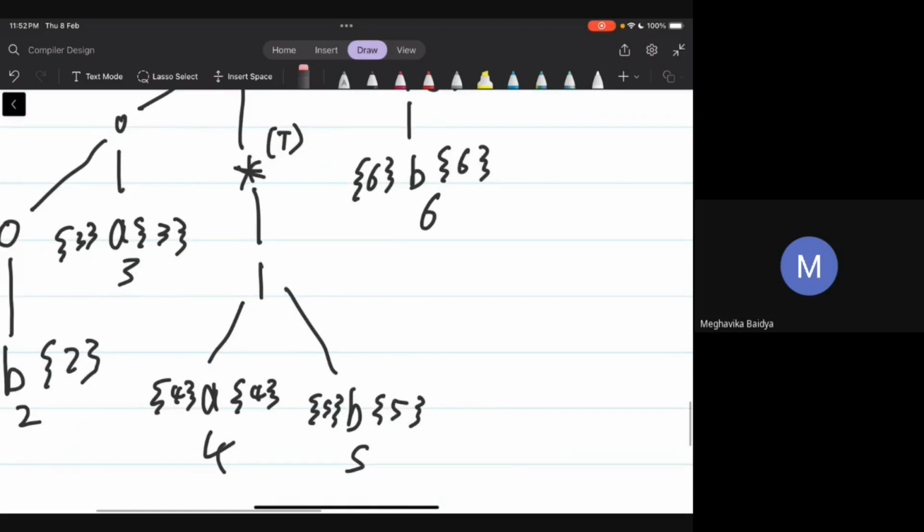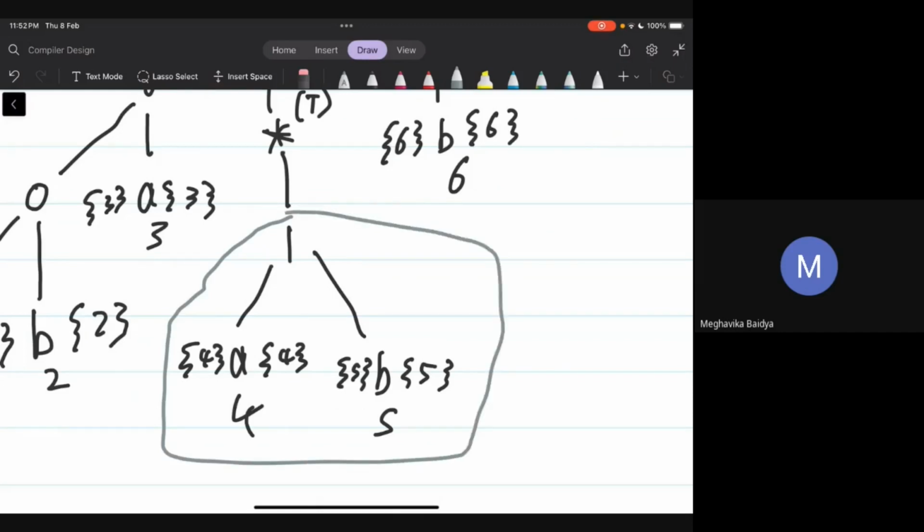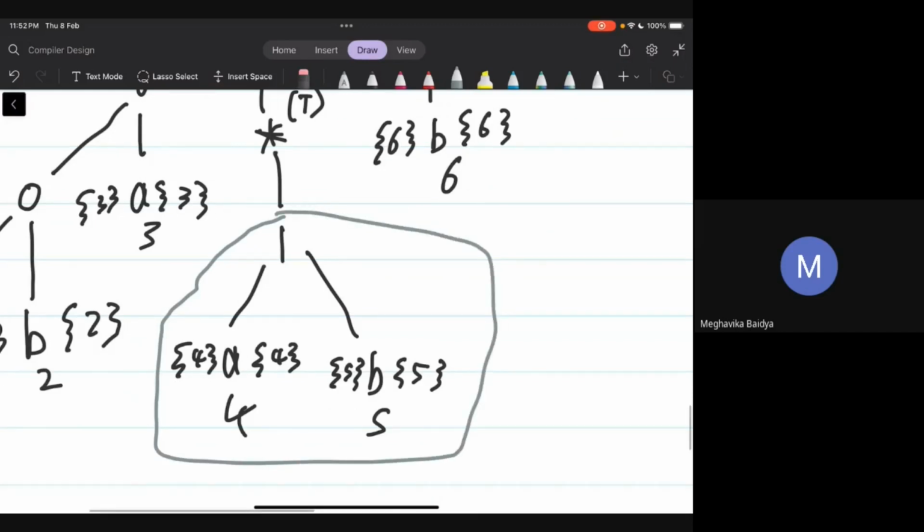Here you have this OR. For the OR, you take the union of the left child and the right child. Consider this subtree. Here this is the left child and this is the right child.